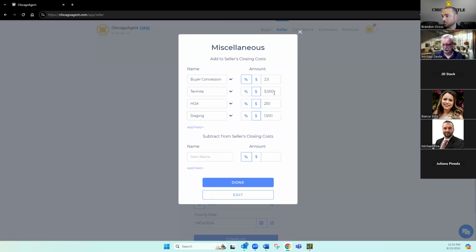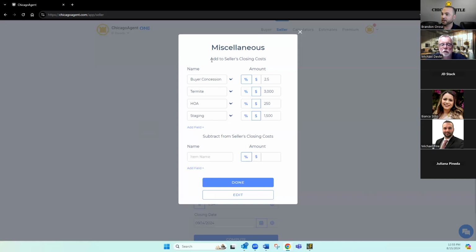Staging usually doesn't, because stagers don't trust agents and sellers. They want to be paid up front. But I would leave it in, because it would give the seller an estimate as to what they're going to net. Right. Okay.